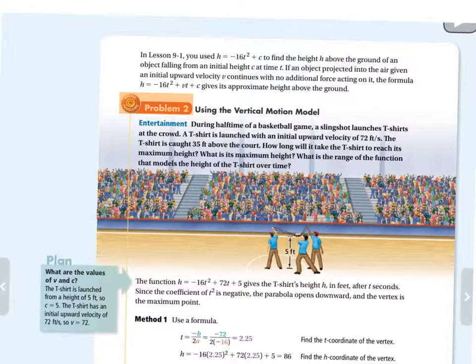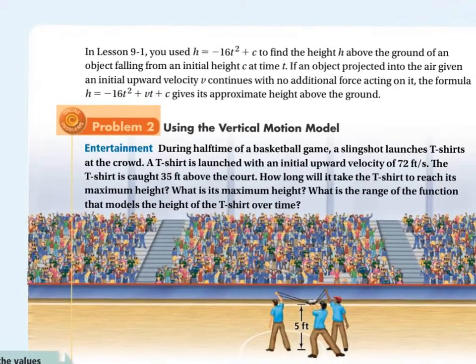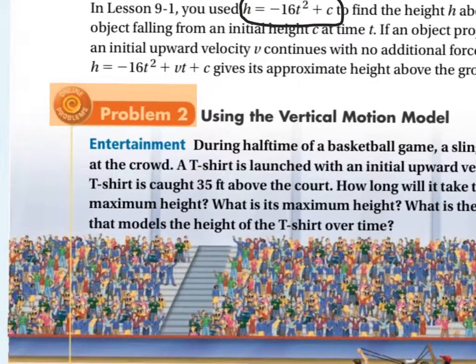Top of the next page talks about this formula that we can use to find how high something is above the ground. And again, that has to do with gravity. So T is the time, C is the initial height. Now what we're going to do in this lesson, we're going to go one step further here. We're not just going to have a falling object.